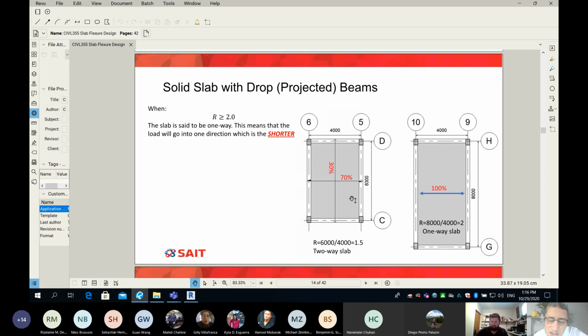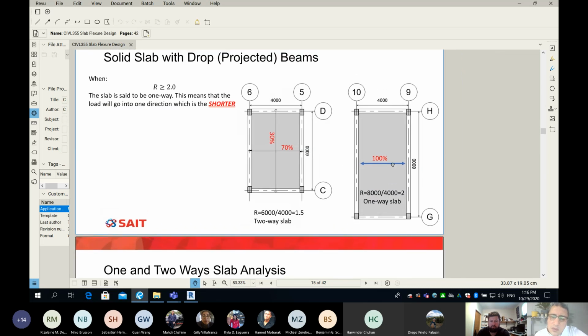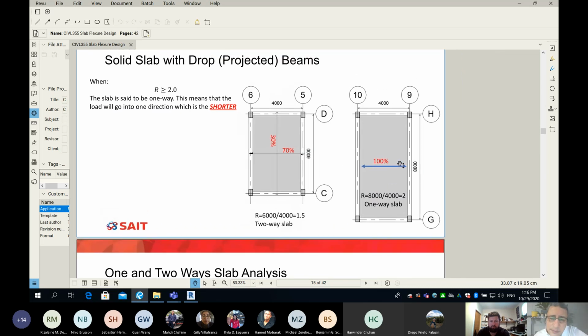The thing is, the shorter direction is the stronger, and since it is stronger, it will carry more load. Very clear. So the shorter is 70%, for example, and the other 30%. By the way, those numbers are not correct, but they give you an idea of how the load will be shared.